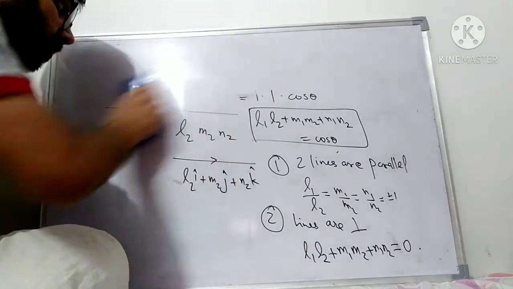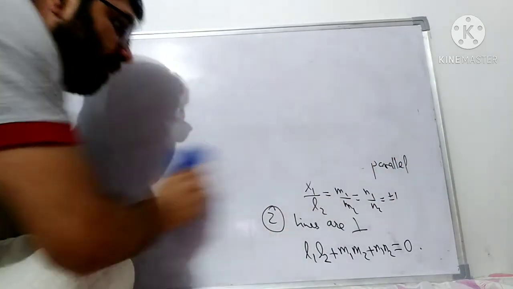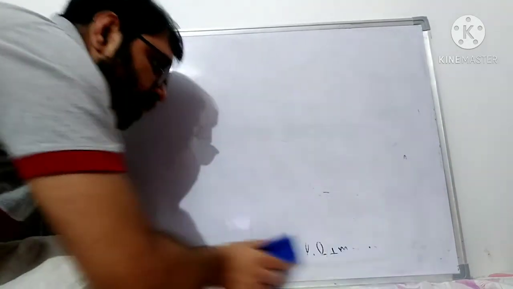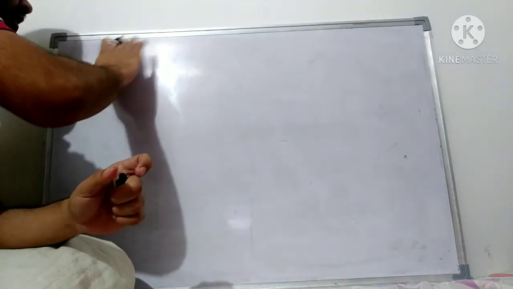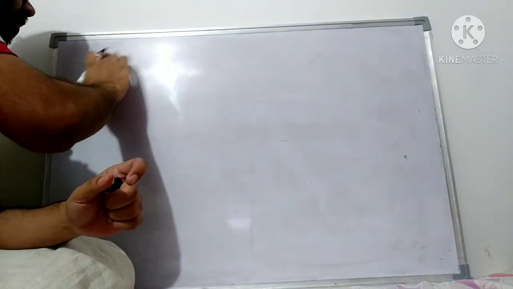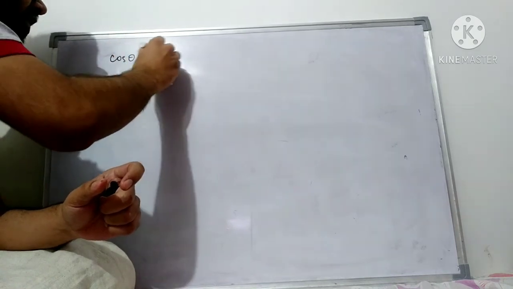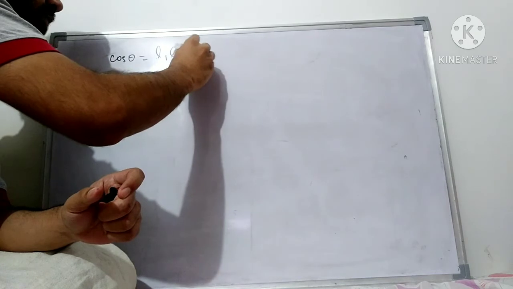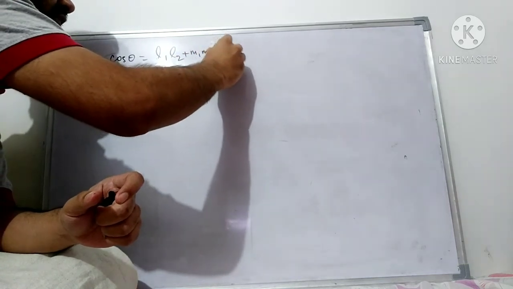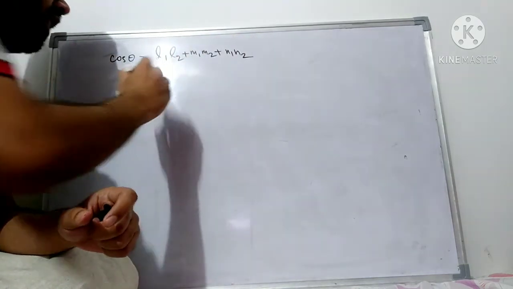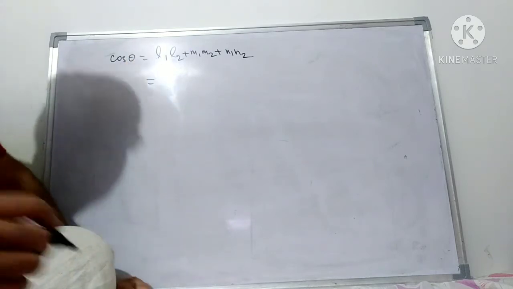Then we can also find the relation between theta and the direction ratios. Cos theta is equal to L1 L2 plus M1 M2 plus N1 N2, as I just derived, and we can write direction cosines in terms of direction ratios also.